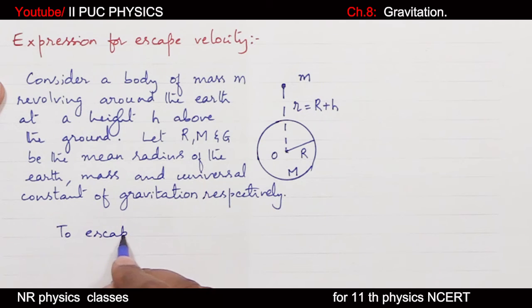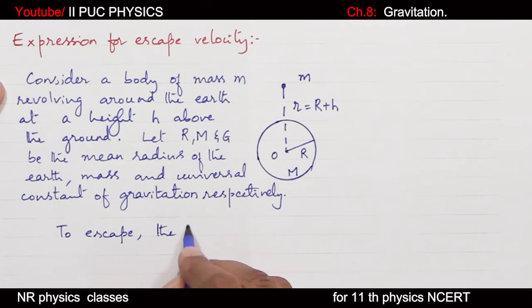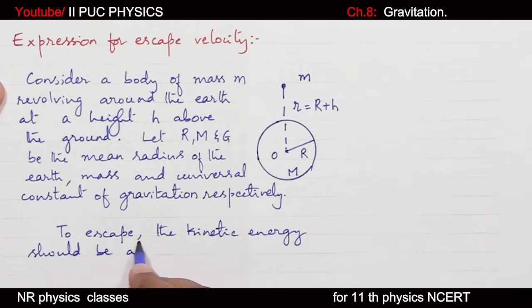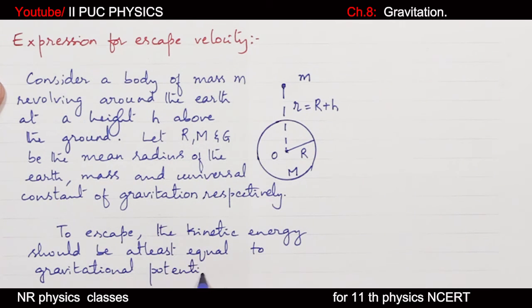To escape, the kinetic energy should be at least equal to gravitational potential energy.